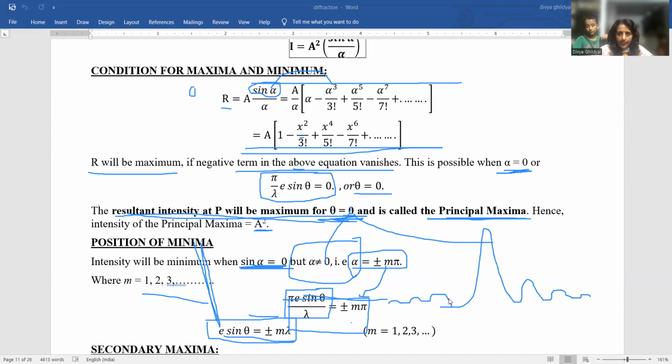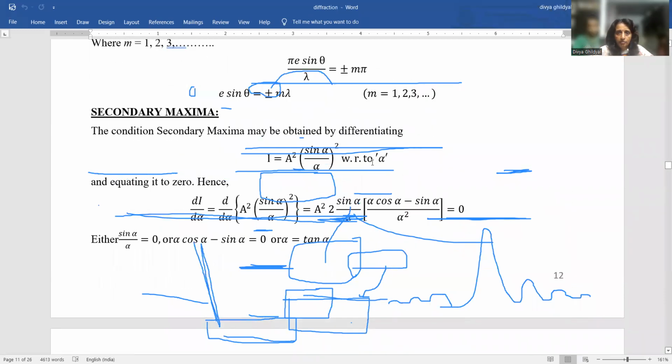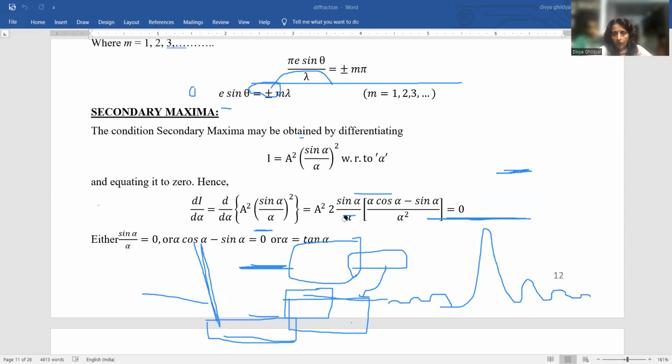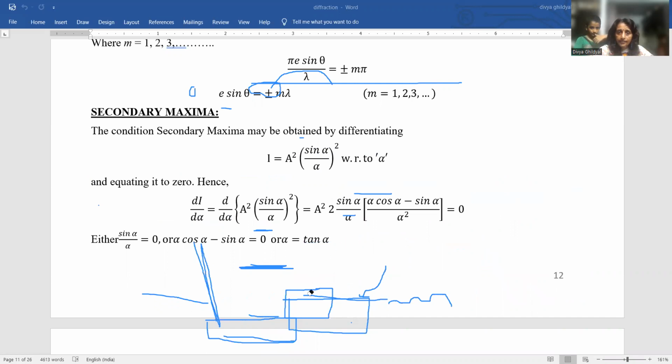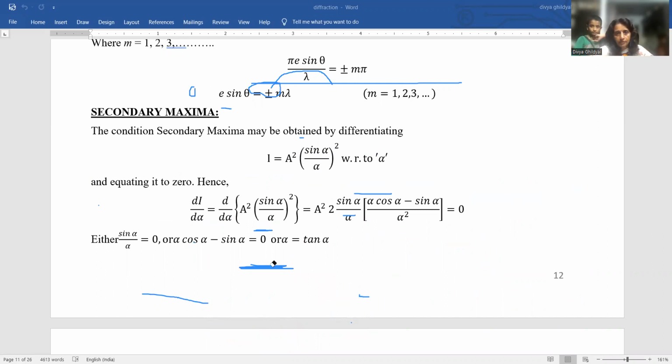And for secondary maxima, the condition may be obtained by differentiating the intensity expression I equal to A square sine alpha by alpha square. This was my expression for intensity due to single slit, which I just derived. Now I am trying to find an expression for secondary maxima and minima. This I will get by differentiating the intensity expression with respect to alpha.